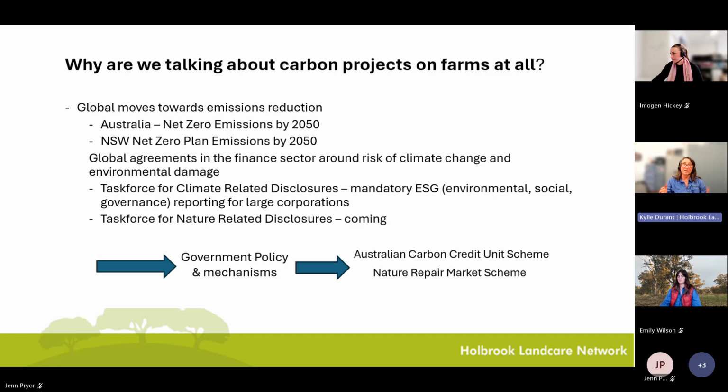At the global level, we sign up to certain treaties, we sign up to do certain things as a country and as a nation. And so that global shift translates down the line into our government policies.